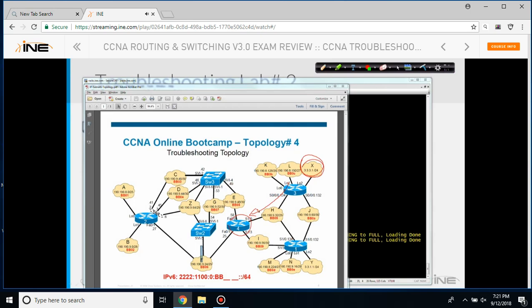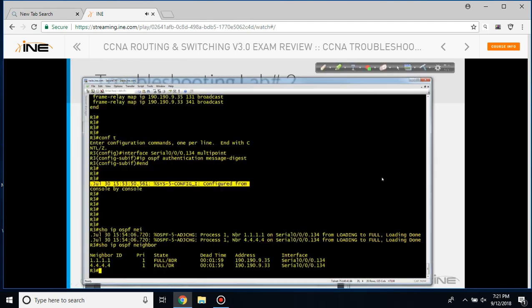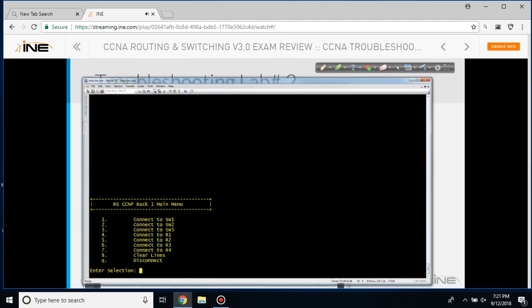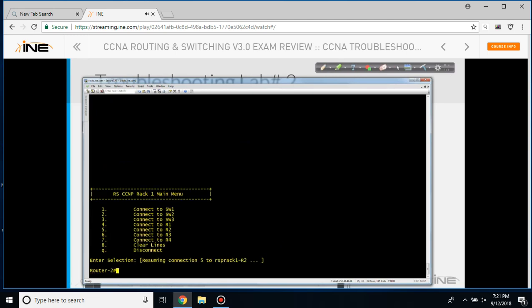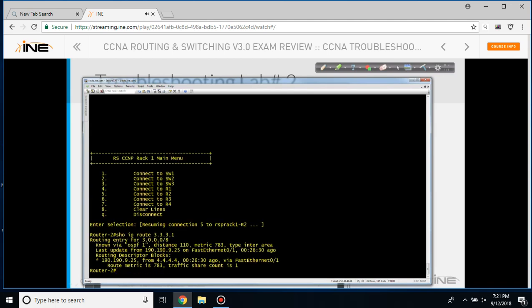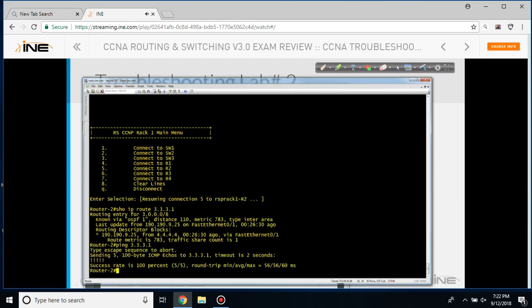So let's see if he, as the area border router, went ahead and did his job of creating a type 3 summary LSA and sending it into here. So let's see if router 2 now has a route to the 3.3.3.3 network. And he does. And now our ping is successful.